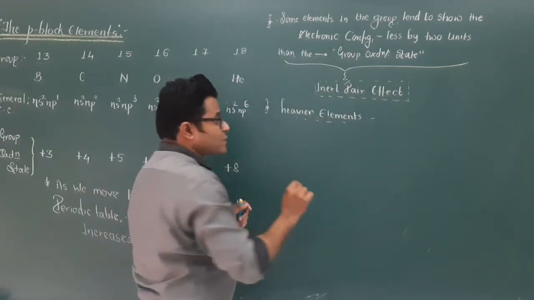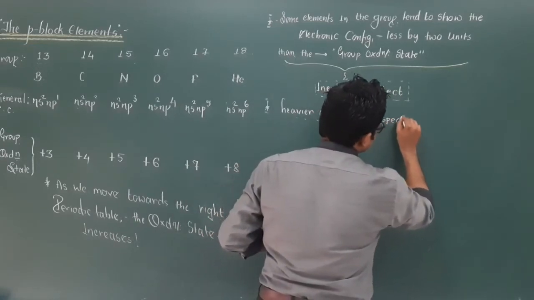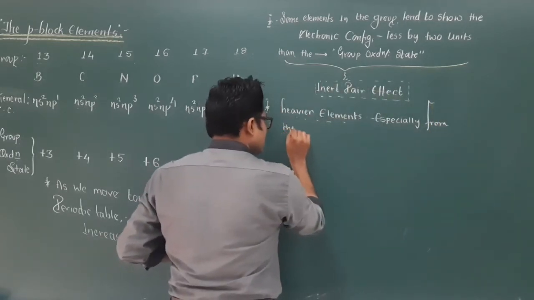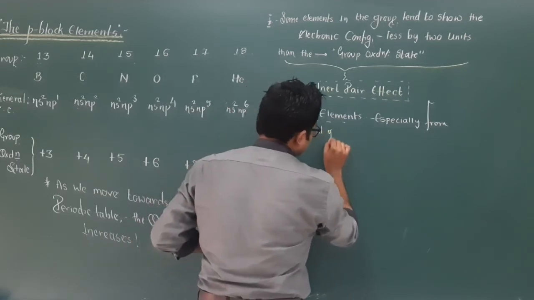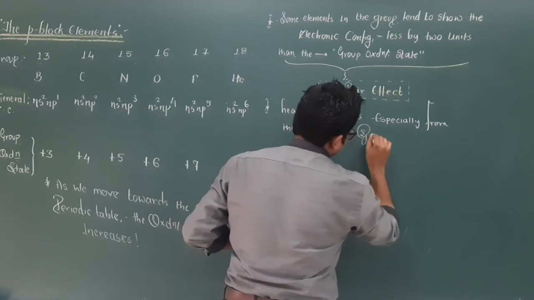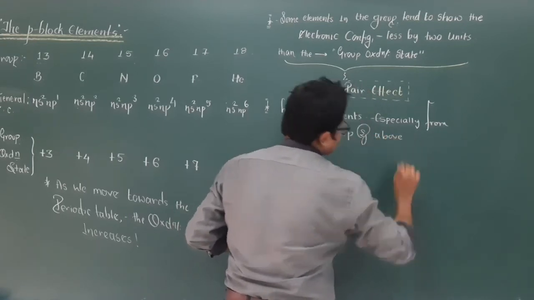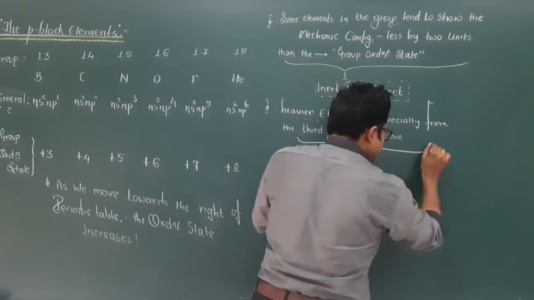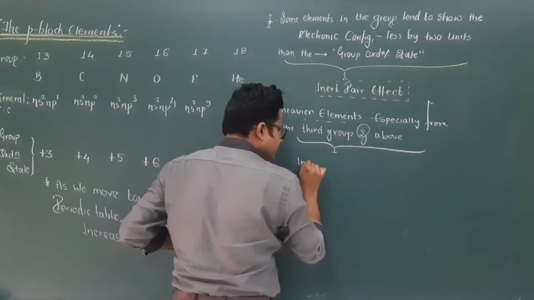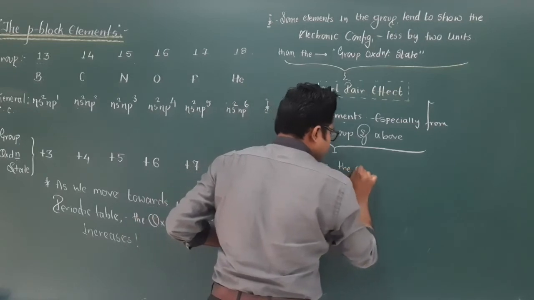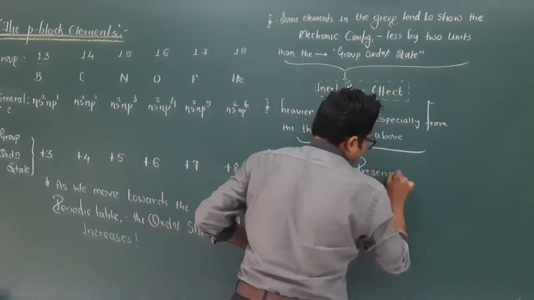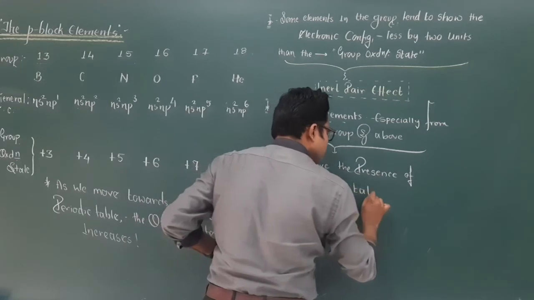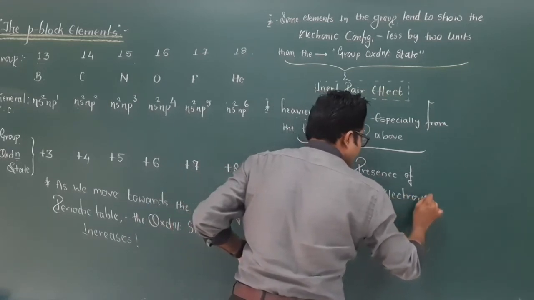From the third period onwards, these heavier elements involve the presence of d orbital electrons.